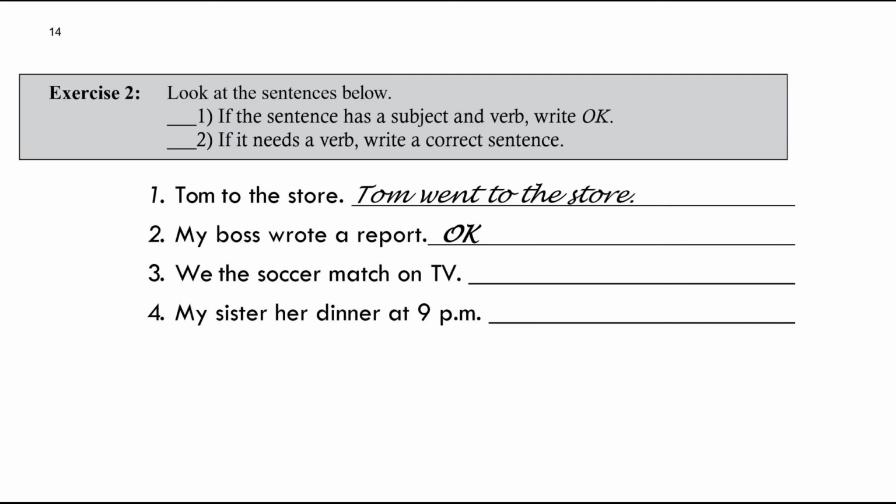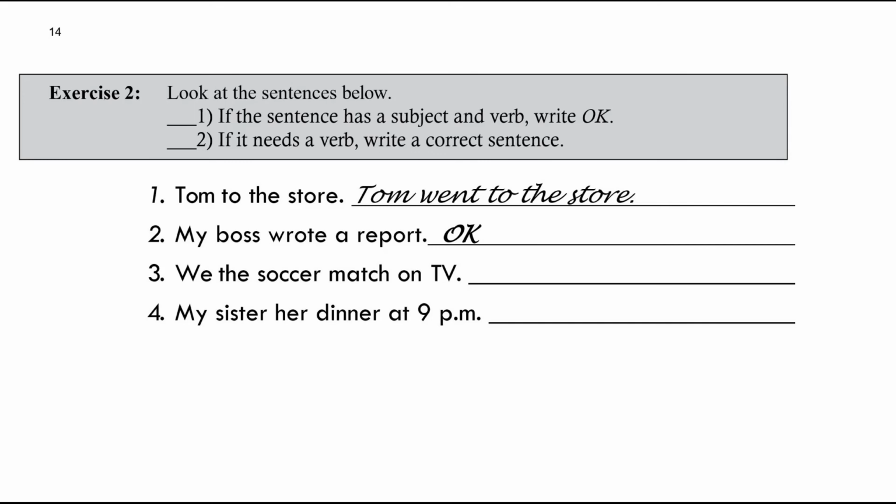As I had mentioned, these are not the complete exercises that you'll find in the download. So in exercise 2, if the sentence has a subject and verb, they write okay. If it doesn't, they write the sentence correctly. So we give them items 1 and 2 as examples. So Tom to the store, obviously it's missing the verb, so they can write Tom went to the store. And 2, my boss wrote a report.